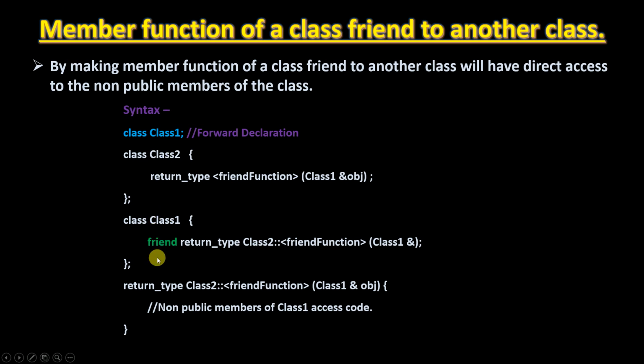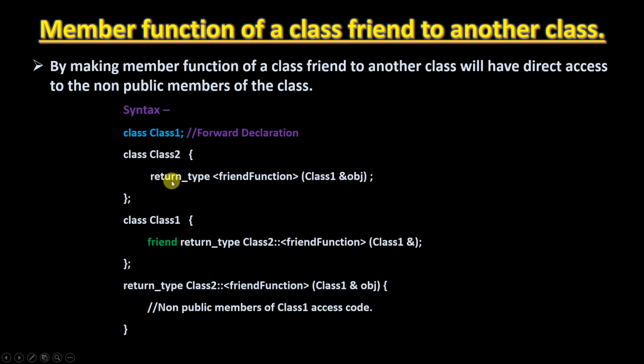Reverse is not possible. Once you give the class 1 declaration and then class 2, it is not possible. I will show you why. After that, you can give the definition for this print function.